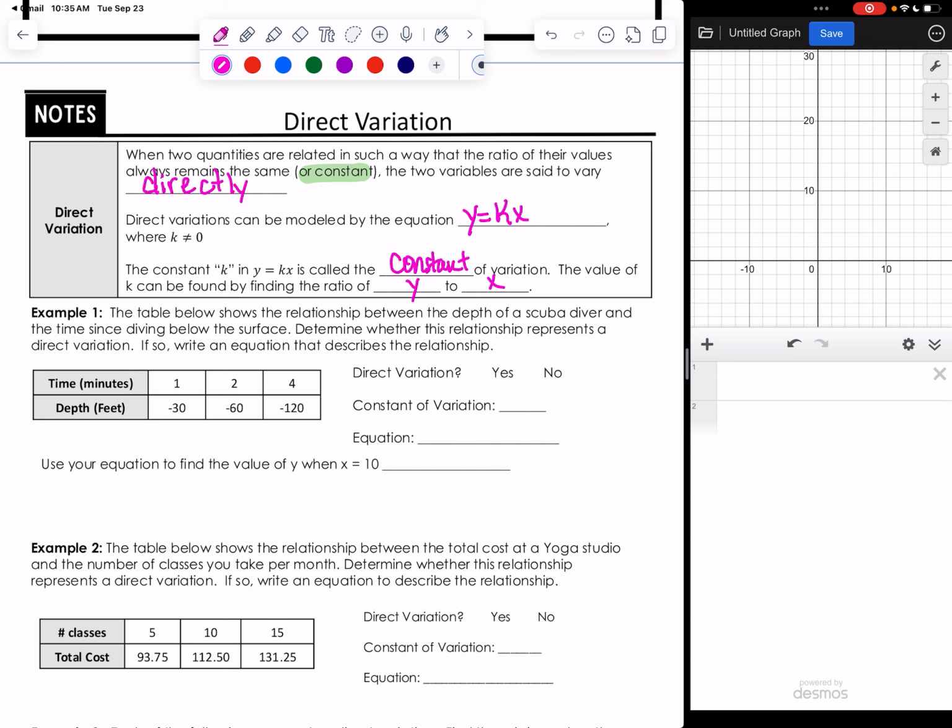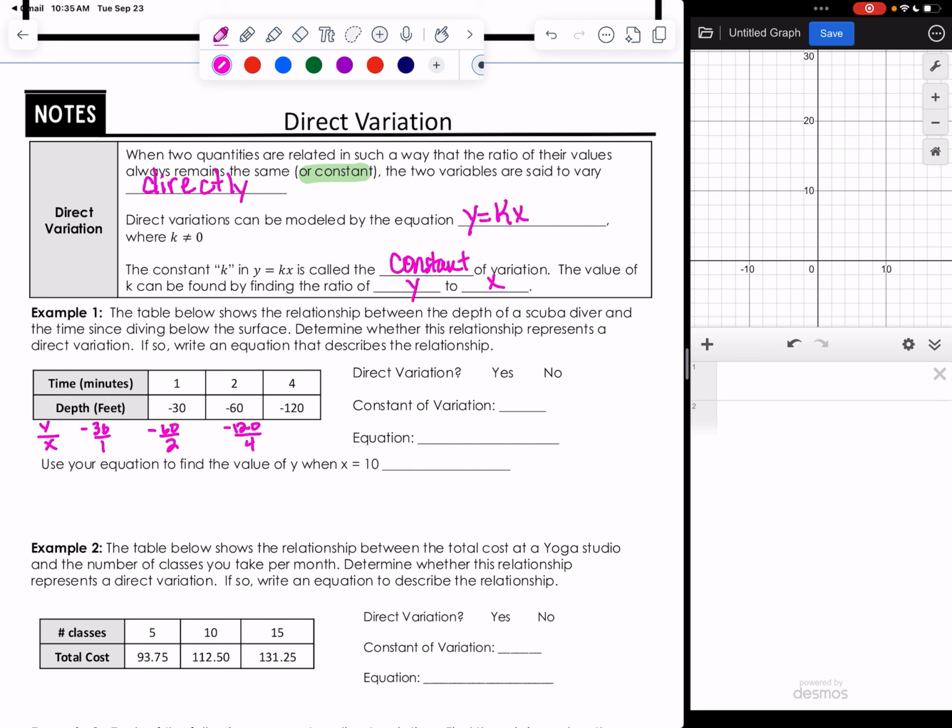So what we're going to do is determine if there's a constant ratio of y to x. In other words, take each ordered pair and find their ratio. So negative 30 over 1, negative 60 over 2, and negative 120 over 4.